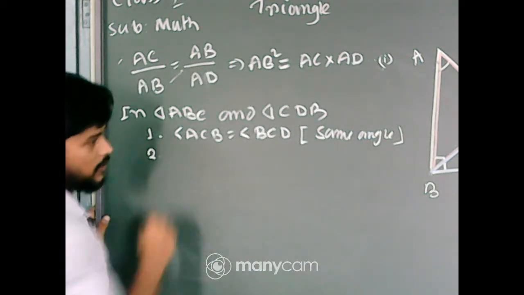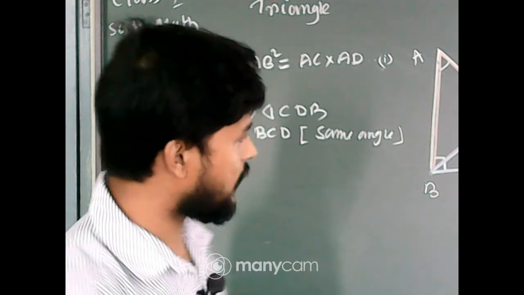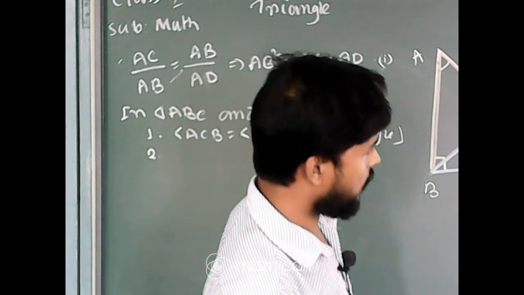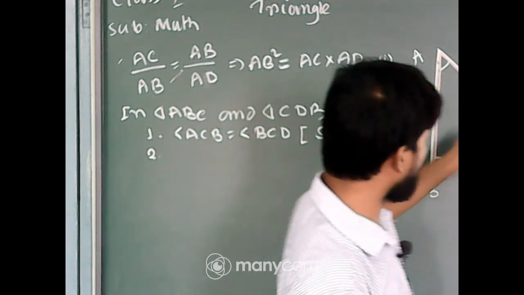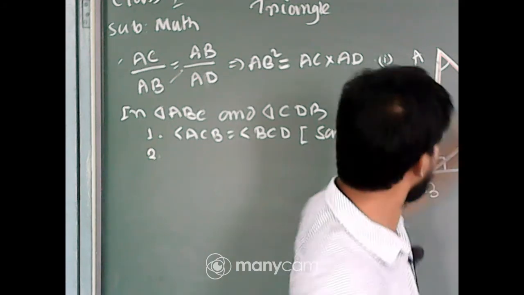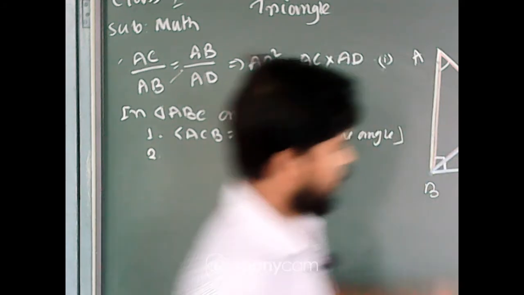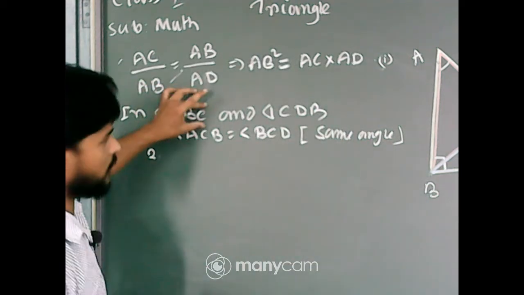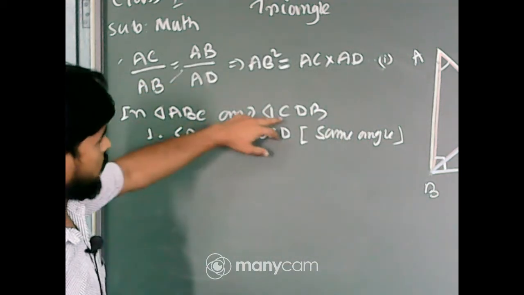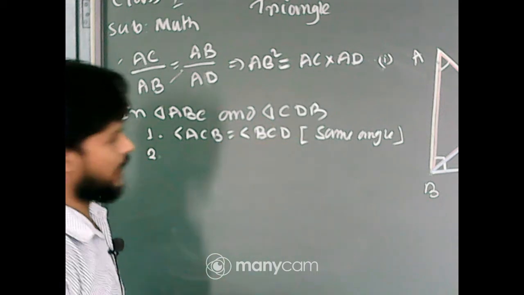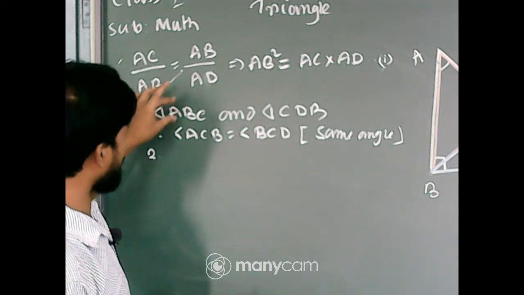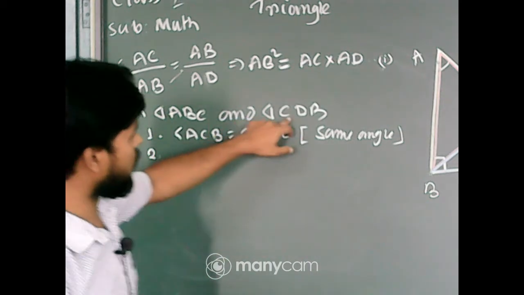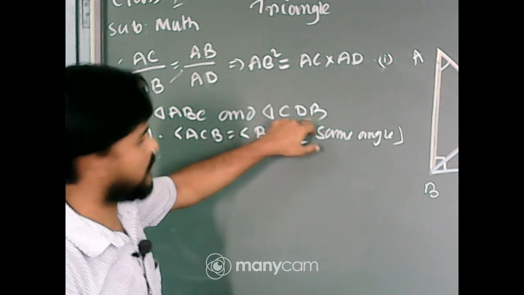And the second condition is angle BDC is equal to angle ABC. Yes, but write the angle ABC first, because we have taken the triangle ABC first and then CBD. So, we will write the part of ABC first and then the part of the triangle CBD.